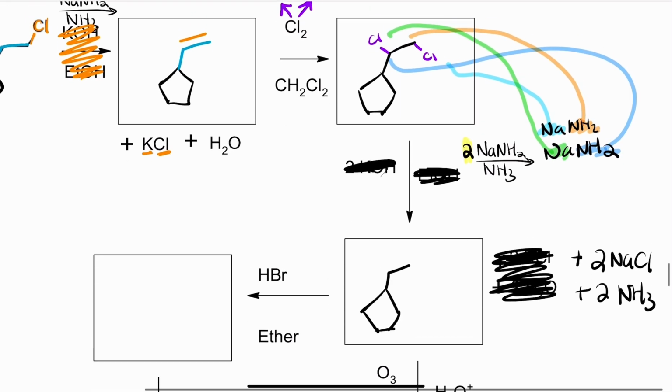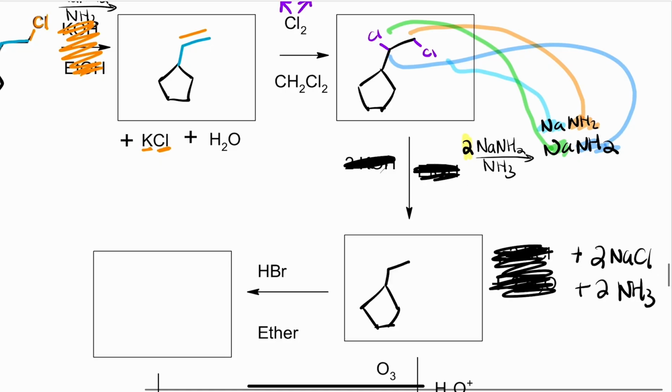So we took 2 things away up here, 2 things away down here. A chlorine and a hydrogen, a chlorine and a hydrogen. So this bond can represent the chlorine and the hydrogen on the top, and then this one can represent the chlorine and the hydrogen on the bottom.